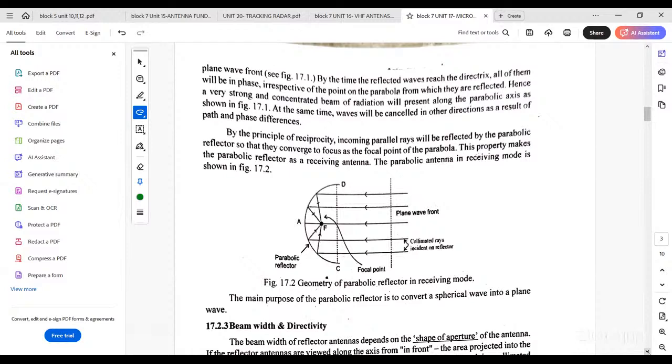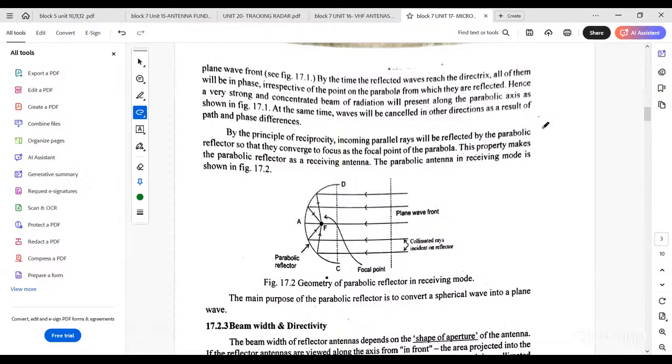Suppose the transmitter goes from the focus point to the region near the focus point. The region near the focus point is called the primary pattern. Touching the parabola, it is reflecting again. After reflection, it is called the secondary pattern.